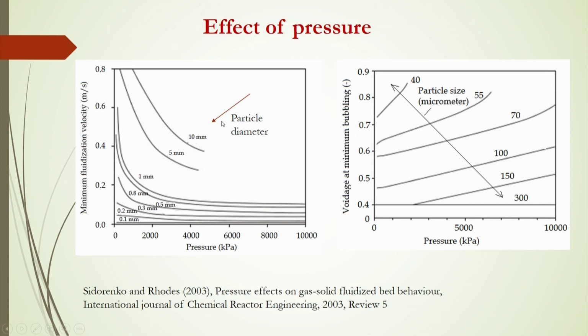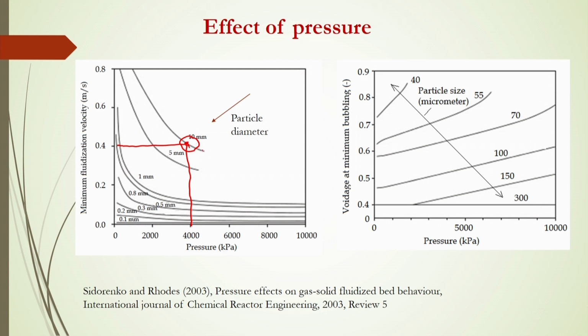If particle size is increased, you will see the minimum velocity also will increase. Just observe this point: at the particle diameter of 10 mm, what should be the minimum fluidization velocity for the particular pressure drop of 4000 kilopascal.